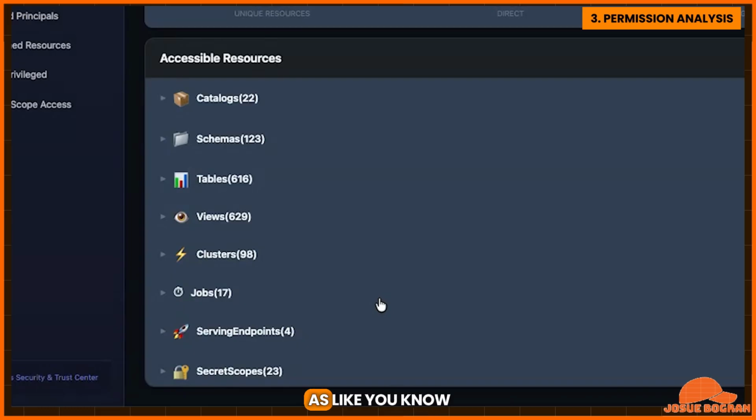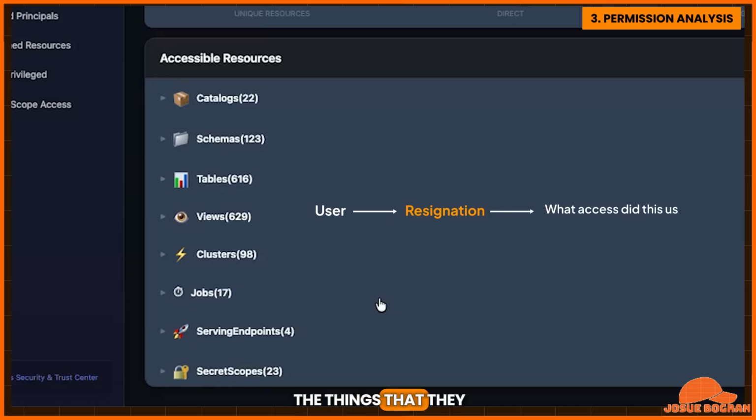Think of this as somebody asking a question like, in your organization, so-and-so person has been here for 6 months and they put in a resignation letter. We want to make sure what things they had access to while they were here, because we want to remove access to certain things.